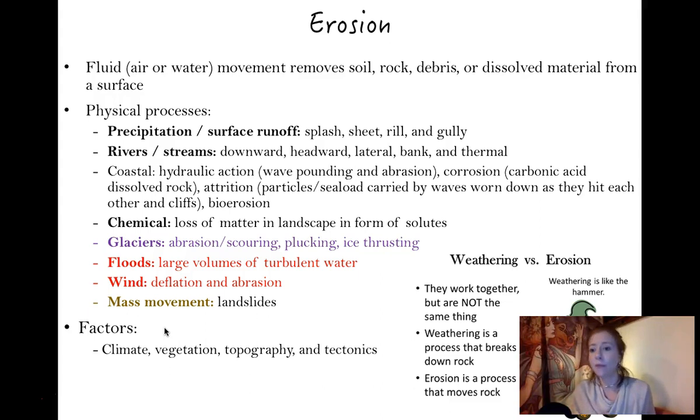Some factors that we like to think about are climate, vegetation, topography, and tectonics. So just one more time, weathering and erosion work together. They're not the same thing. Weathering is the process that breaks down a rock. Erosion lifts away the rock.